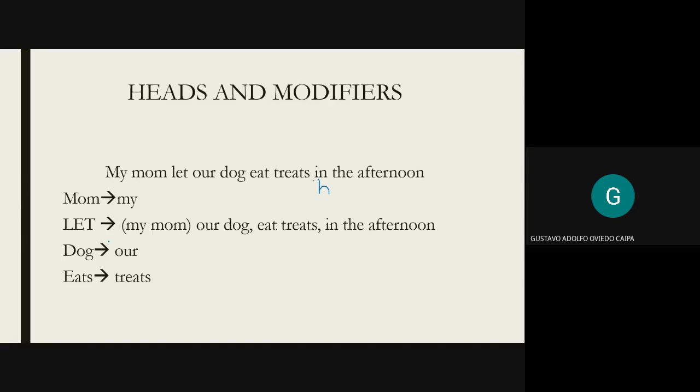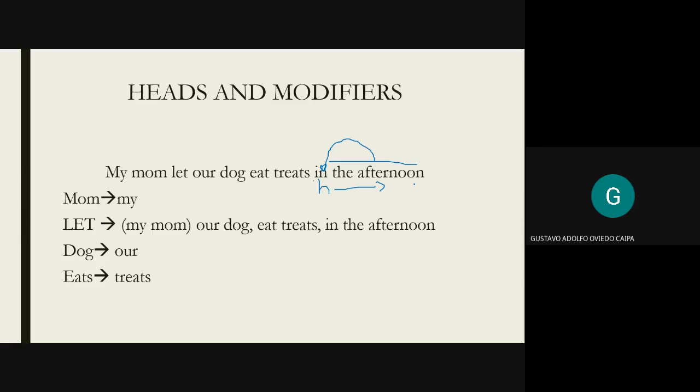The afternoon, right? That is correct. The afternoon gives information about in. So pay attention to this. Every time you see a preposition, the preposition is going to be the head of the object that is next to it. So for example, in the afternoon, on the table, at lunch, in the morning, let's say beside the TV, behind the boxes.